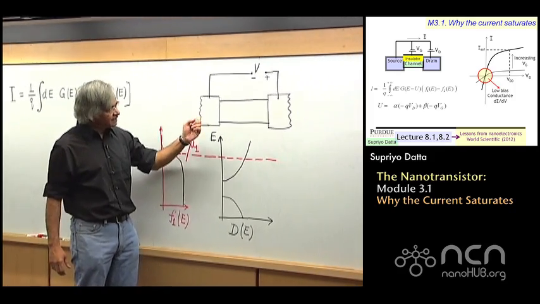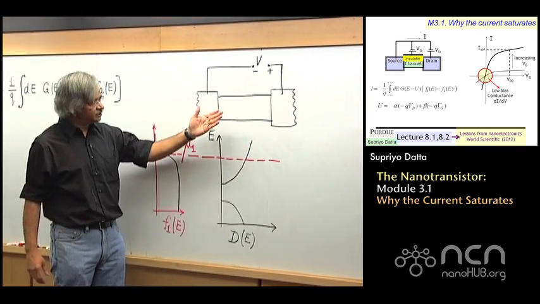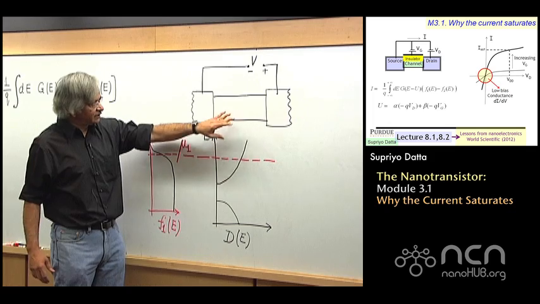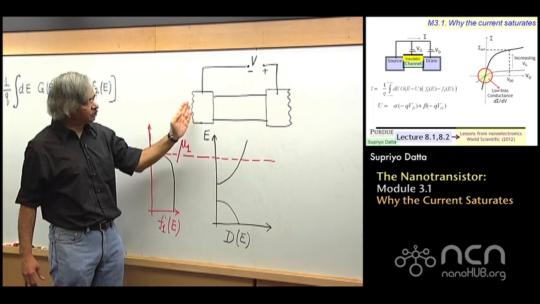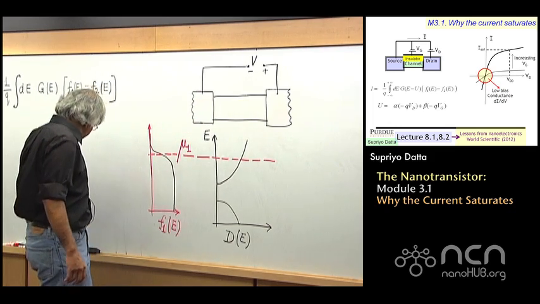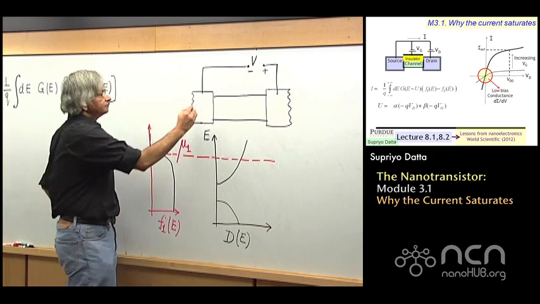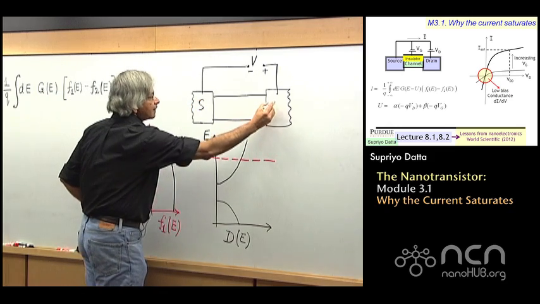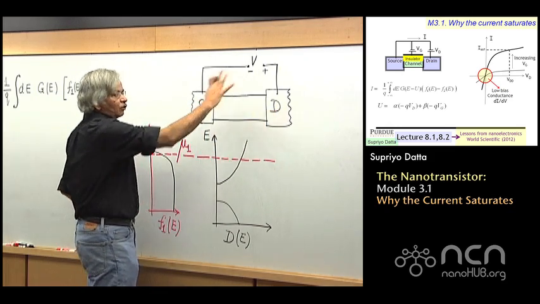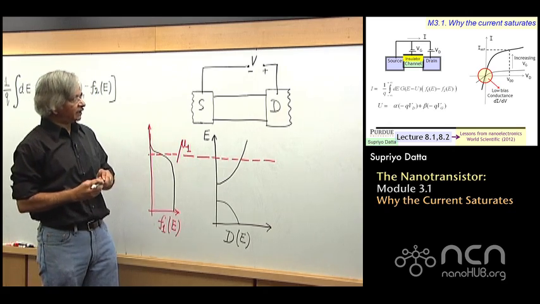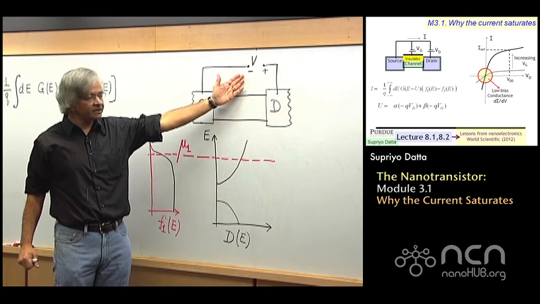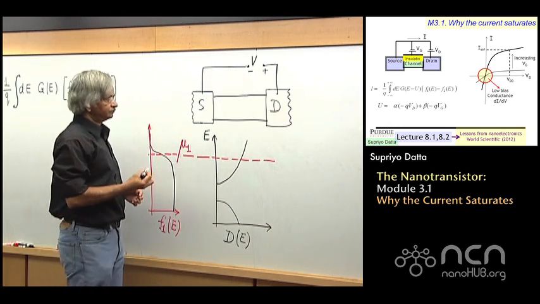basically a transistor is like a resistor, in the sense you have this channel with two contacts, which you call the source and the drain. And when you apply a voltage across it, like connecting a battery across it, a current flows.